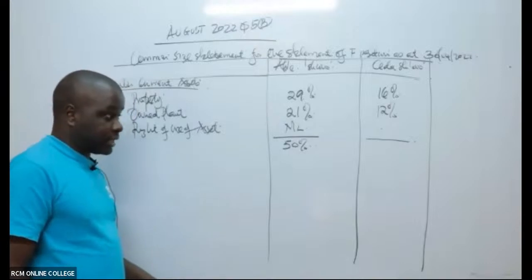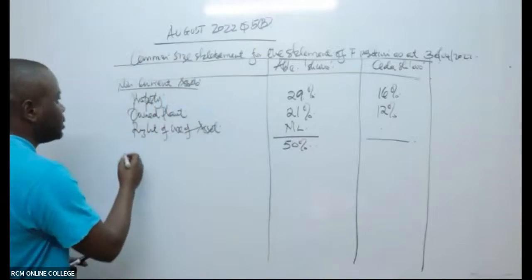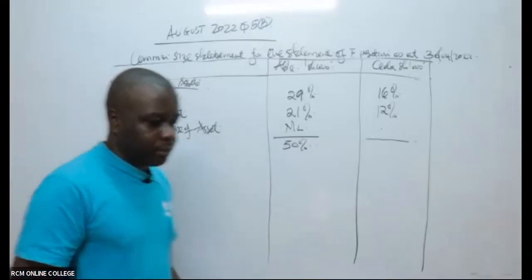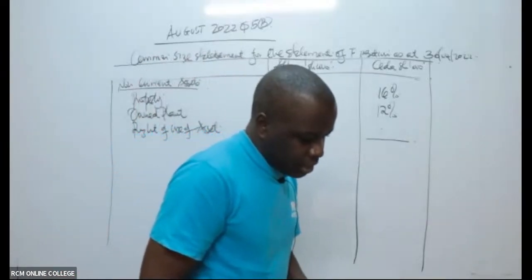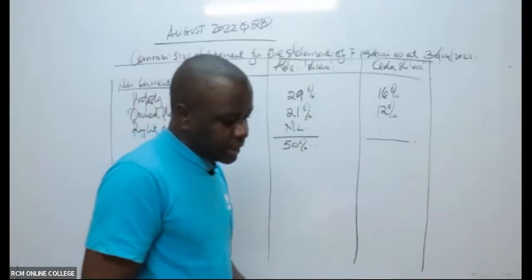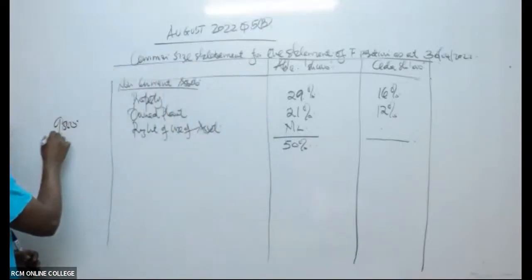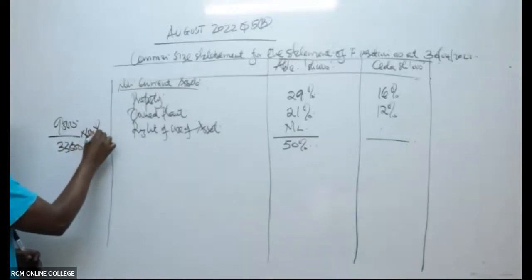I can see 𝗖𝒑𝒐𝒃 is asking, what are you using as the base? You use the total assets as the base. For example, if you are converting this property, the figure for the property there is 9,800, and the total assets we've been told are 33,600. So 9,800 over 33,600, you multiply by 100%.